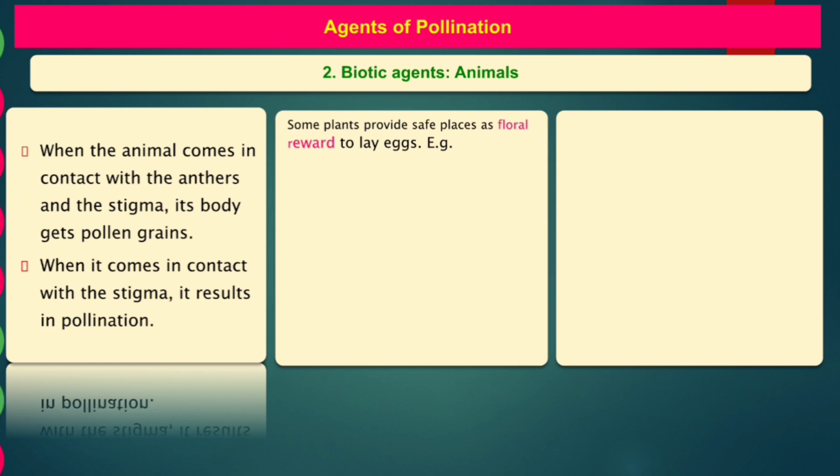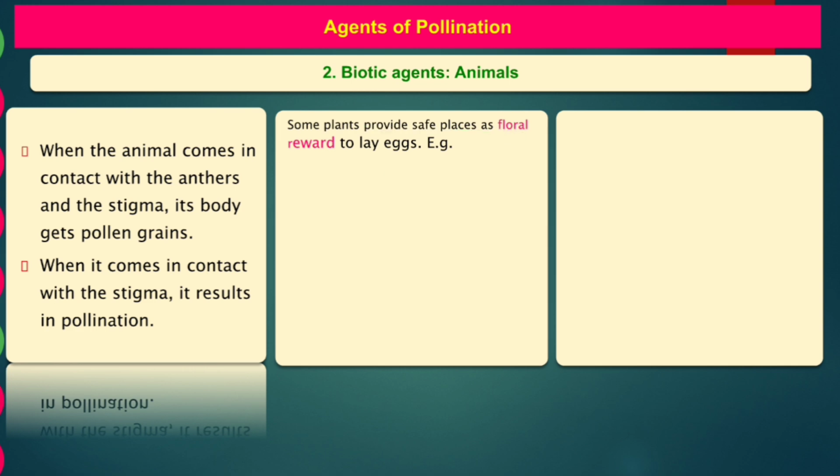Just now I told you that plants produce floral rewards for the animal as nectar and pollen grains. But some plants provide shelter as a floral reward. They provide shelter to lay their eggs.